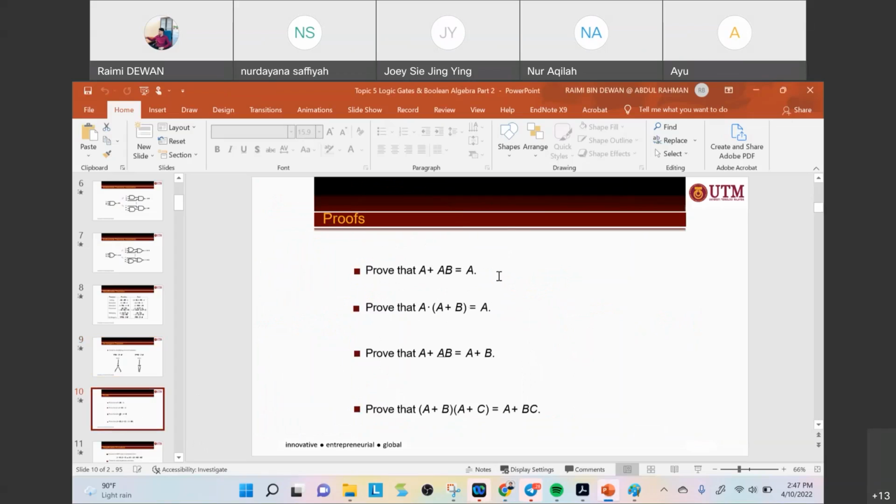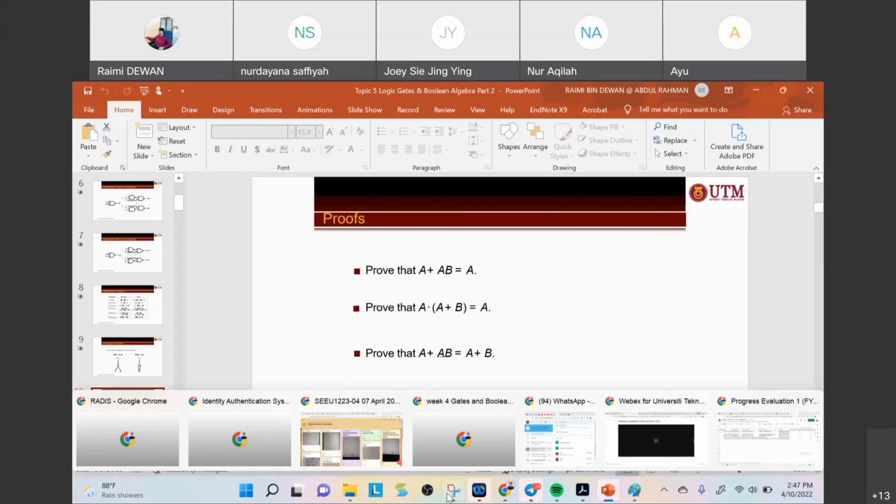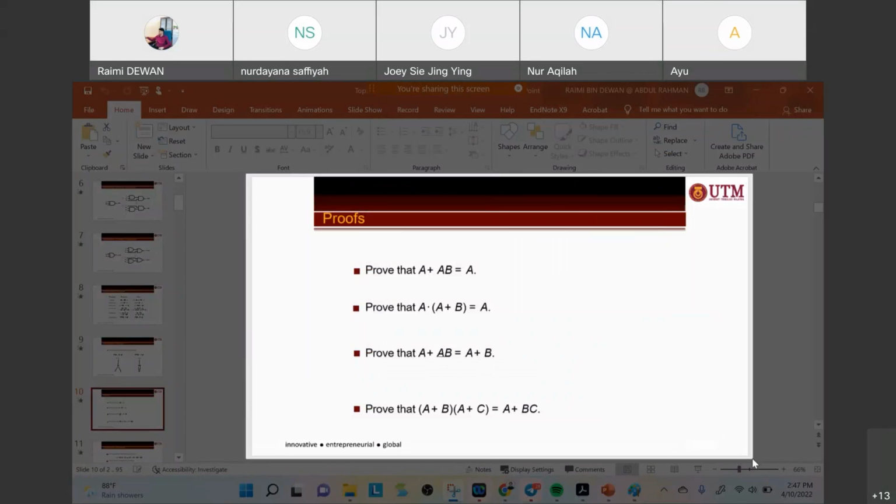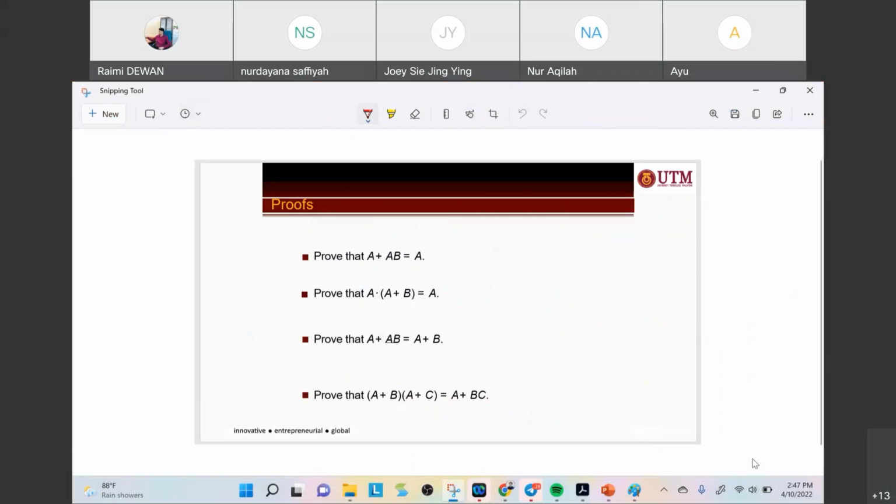So this one is if we want to do proving. This is an exercise you can try to do. For example, here is to prove A plus AB equals A. Okay, you try this first.